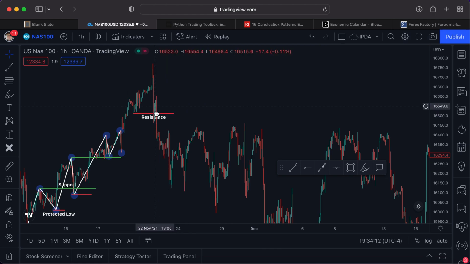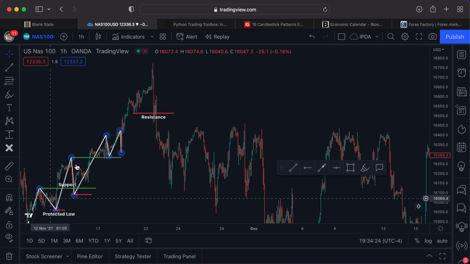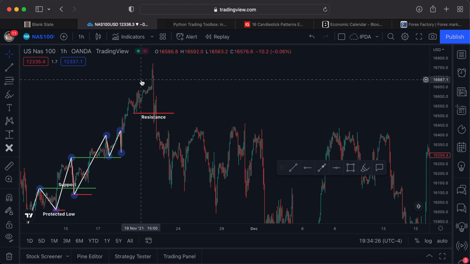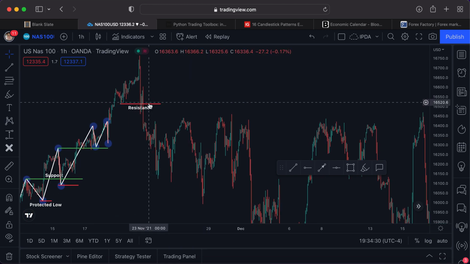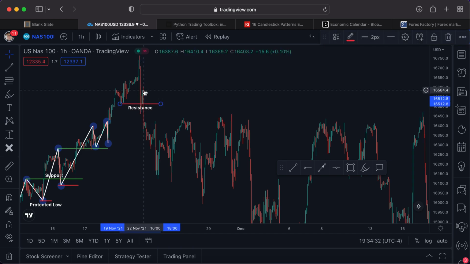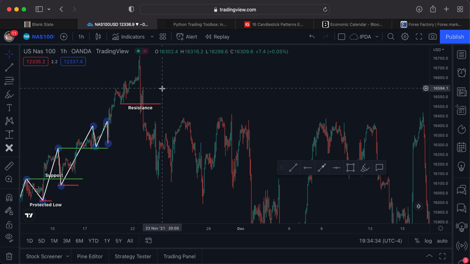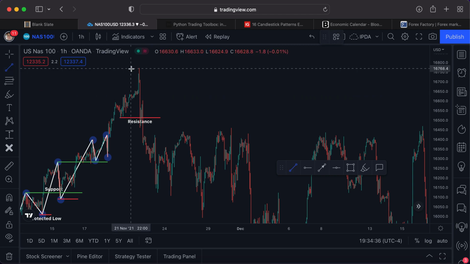And that resistance then moved, the price action here then moved price down even further, right? You can tell this market here wanted to reverse. It was ending this bullish market here and entering a bearish market. And then you can go ahead and see that when they broke past it and swept back up, right? So let's go ahead and mark this. This is our protected high.